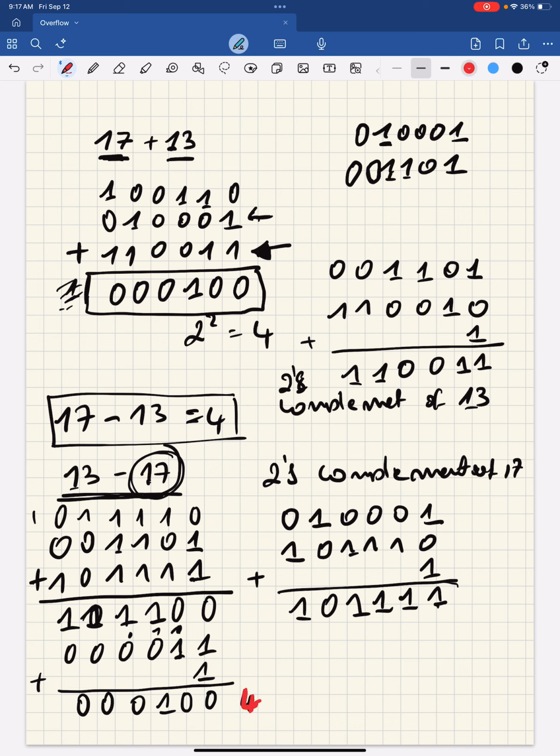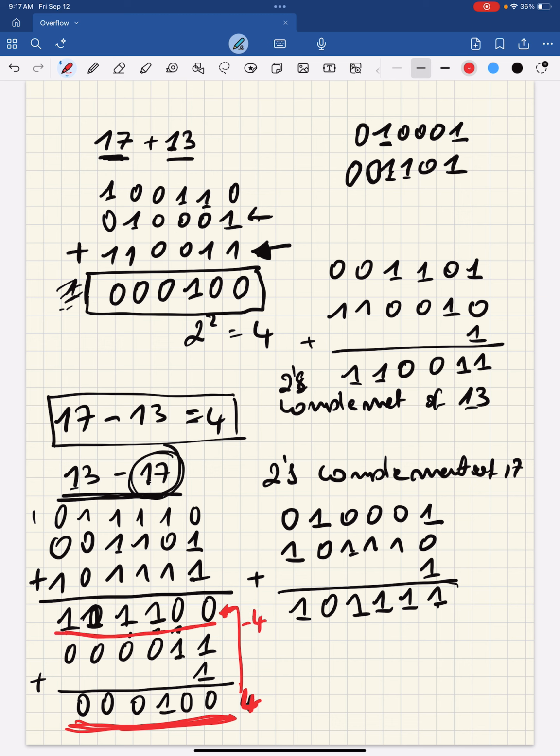Does this mean that the final result is 4? No. We did the 2's complement of this number to obtain the 4, which means that our result, because it's the 2's complement of 4, represents the number minus 4.